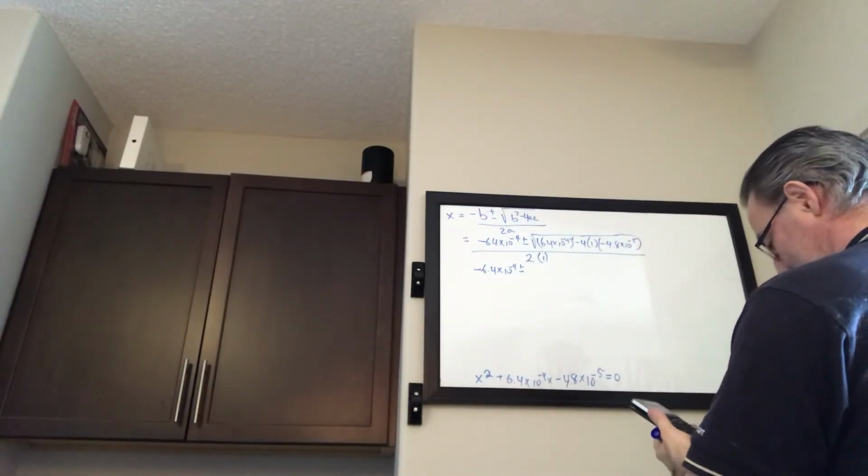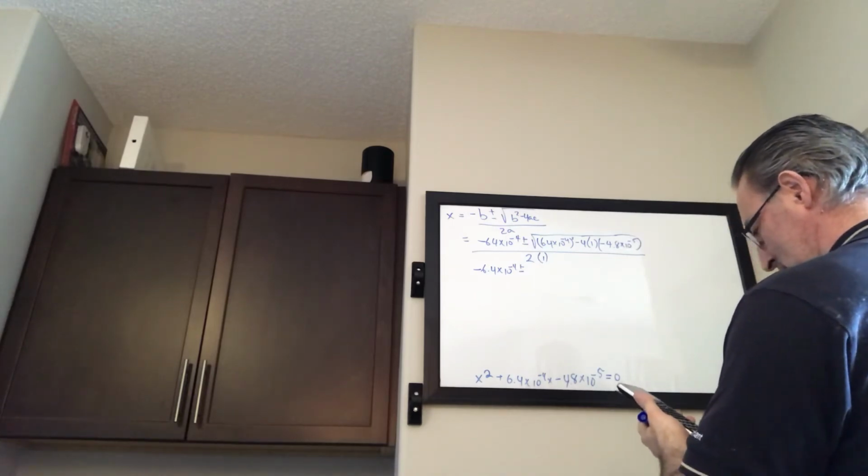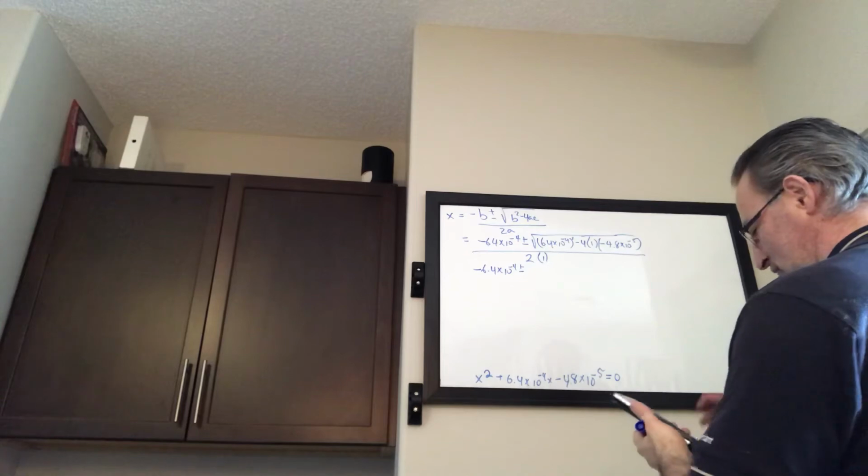bracket. So just multiply that part by 4, which becomes positive.